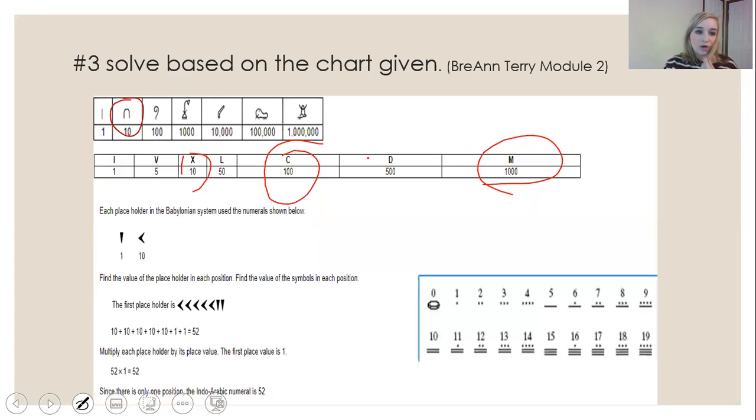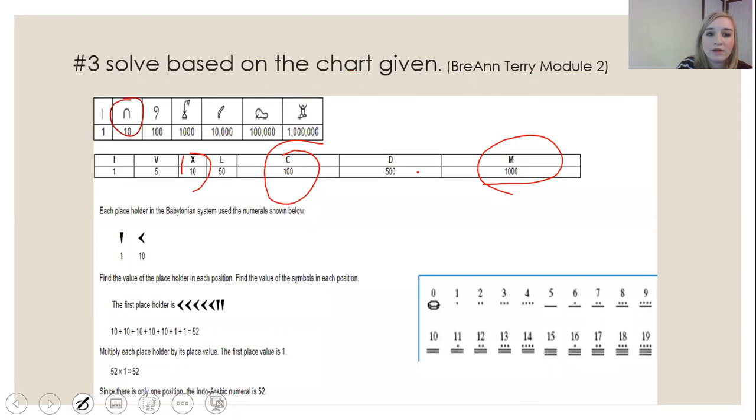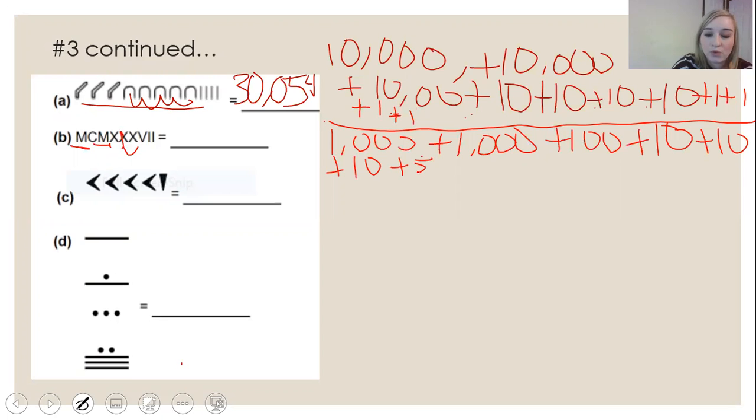So now we're going to see what V means, and it's 5. And we only have 1, so we're going to do plus 5, and then we have the 1, so we're going to do plus 1, plus 1.